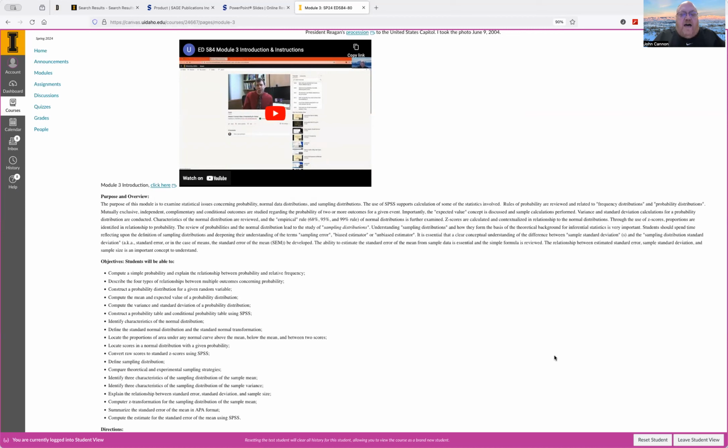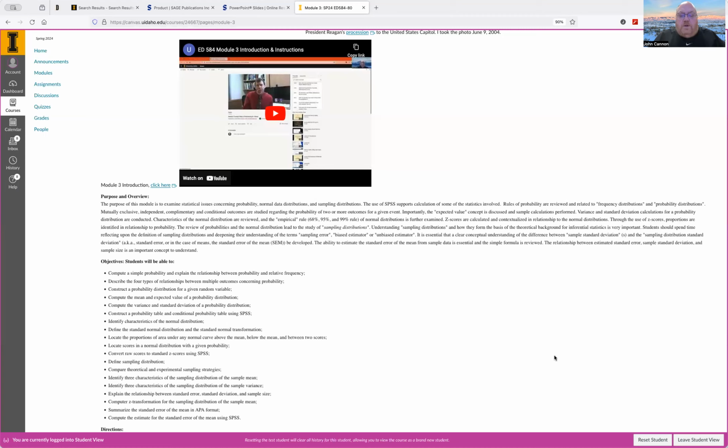Importantly, the expected value concept is discussed and sample calculations performed. Variance and standard deviation calculations for a probability distribution are conducted. Characteristics of the normal distribution are reviewed, and the empirical rule, or the 68%, 95%, and 99% of normal distributions, is further examined. Z-scores are calculated and contextualized in relationship to normal distributions. Through the use of Z-scores, proportions are identified in relationship to probability.